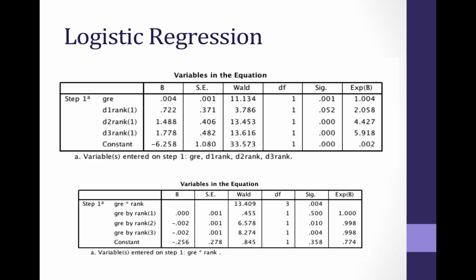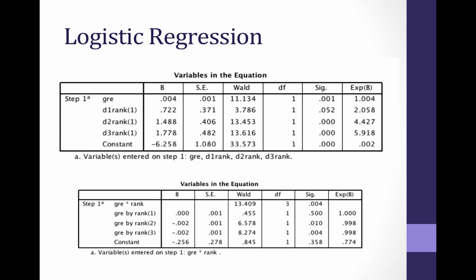For the third dummy-coded variable, as you can see here, it's important to note that the ranks were coded as 4 as 1, and 1, 2, and 3 as 0. So for every single point increase in one's undergraduate college ranking, the natural log of getting into grad school increases by 1.778, or 77.8%.